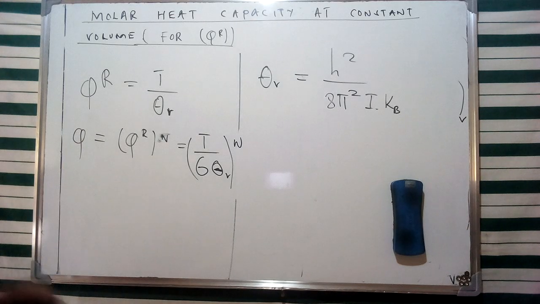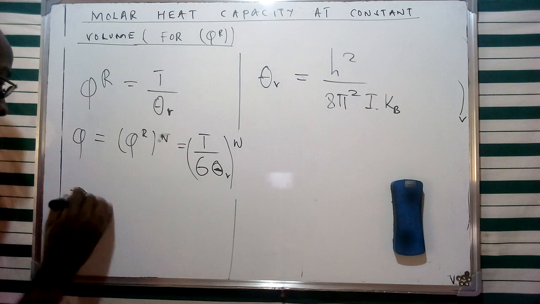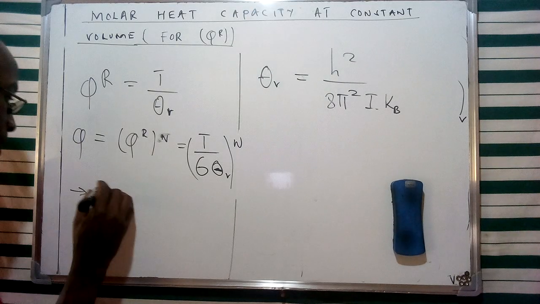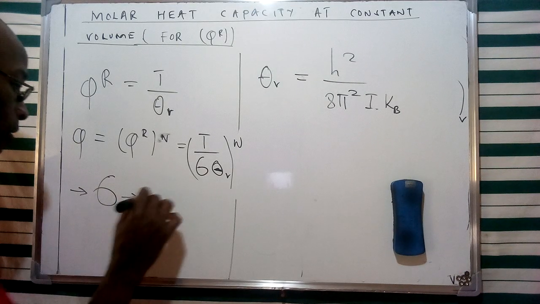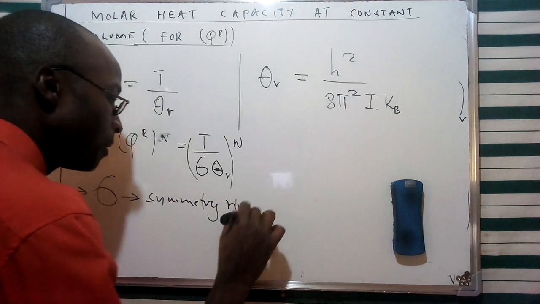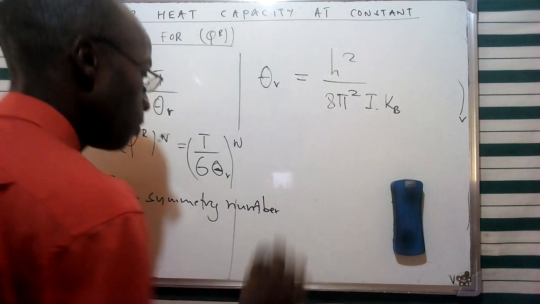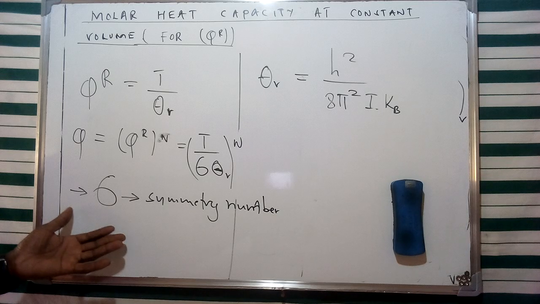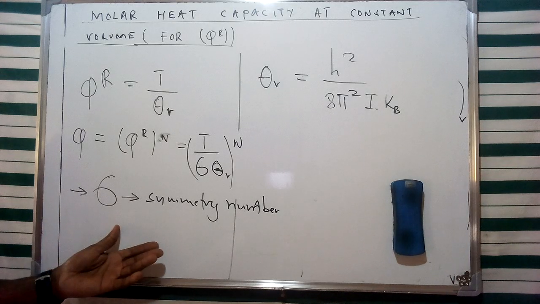And this representation is going to represent what we refer to as a symmetry number. This comes from the concept of symmetry and rotation, and I'm just going to give a summary on this. So this is going to represent a symmetry number, and this number is going to be used for correcting the rotational partition function for the reduced number of accessible rotational states.